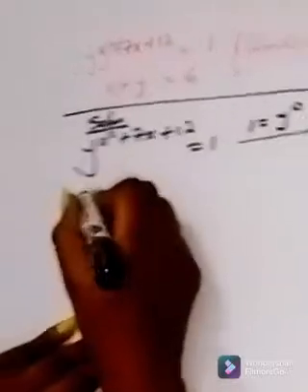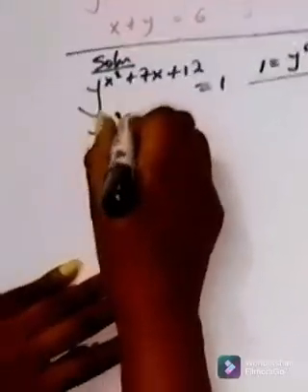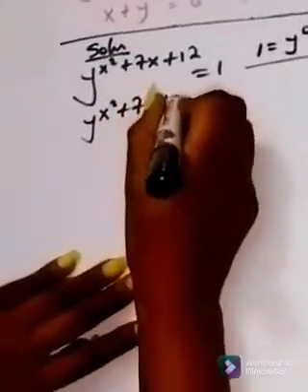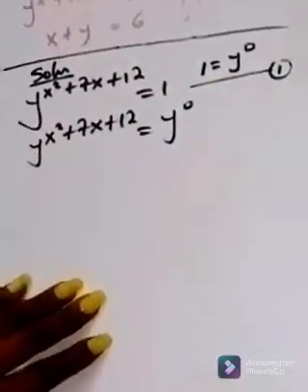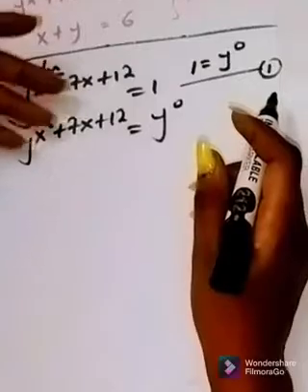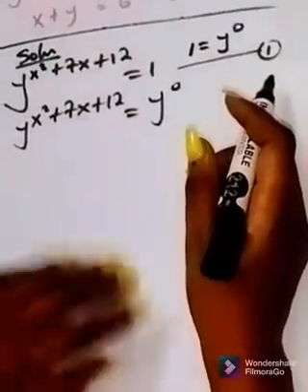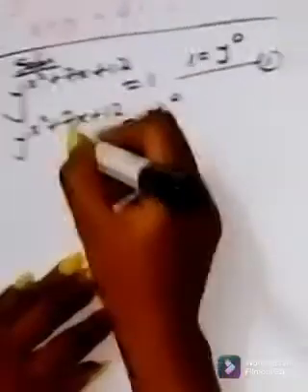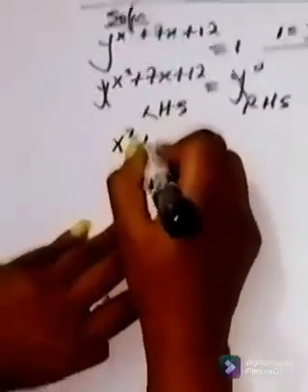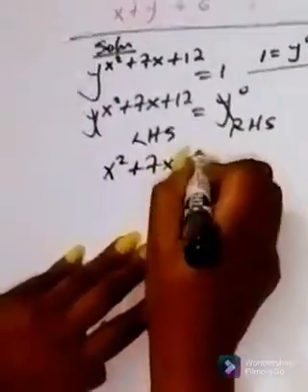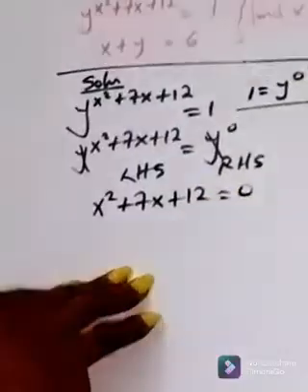So x squared plus 7x plus 12 will become equal to y to the power 0. That means the left hand side is similar or congruent to the right hand side. So this will cancel out, giving us x squared plus 7x plus 12 equal to 0.